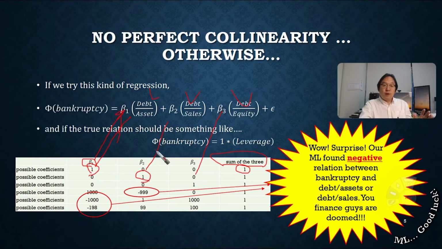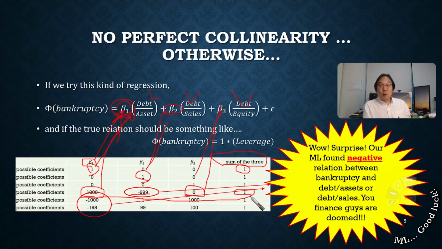Even more funny is this kind of situation. 1,000 for variable 1's coefficient over here, and then minus 999 for the second variable coefficient, and then the third coefficient is 0, and still the total summation will be 1, right?